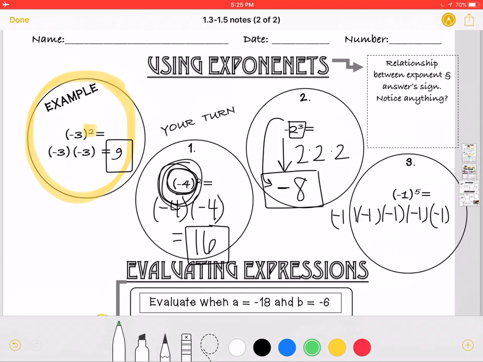So this is where it gets a little tricky. Think to yourself, -1 times -1 gives me +1. Look, I have a negative left over here, so let's keep multiplying these together. What's +1 times +1? +1.